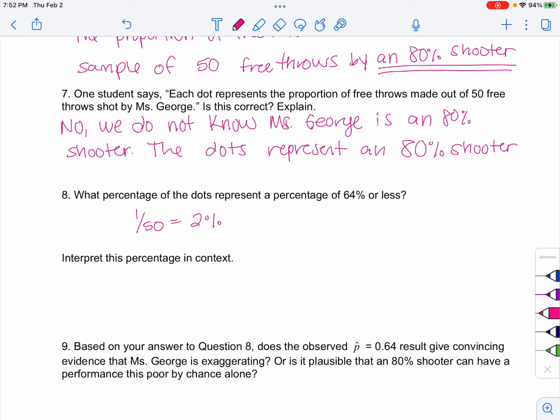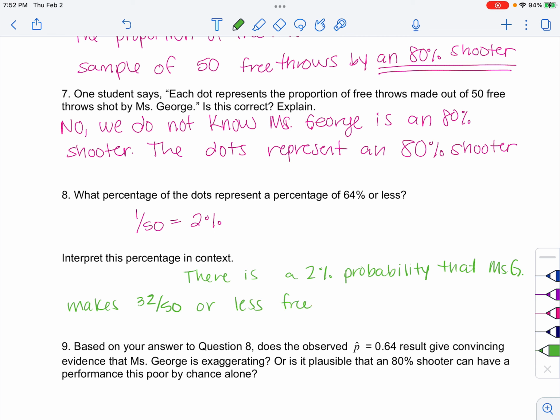So interpreting this percentage in context, I'm going to start with maybe what you wrote, and then I'm going to add to it. So leave some space. There is a 2% probability that Miss George makes 32 out of 50 or less free throws.